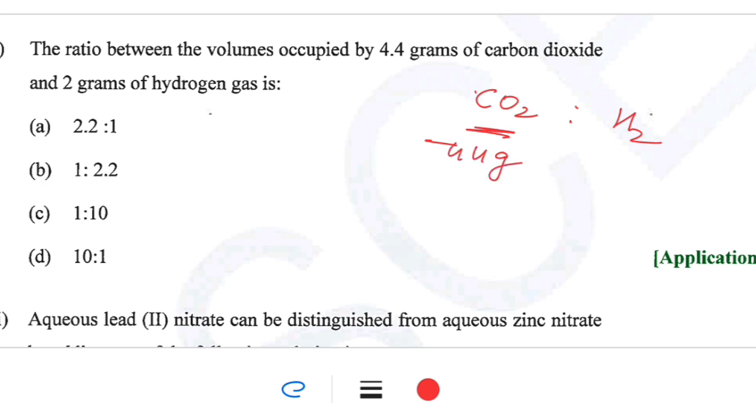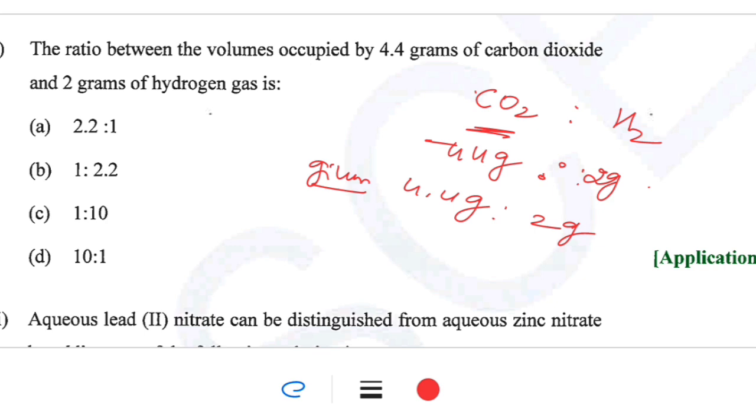And what is the molecular mass of hydrogen? It is 2 gram, right? So here we have a 44 gram to 2 gram ratio, right? Okay. Now let us take the given part. Given is 4.4 gram to 2 gram. Just look at the ratio.